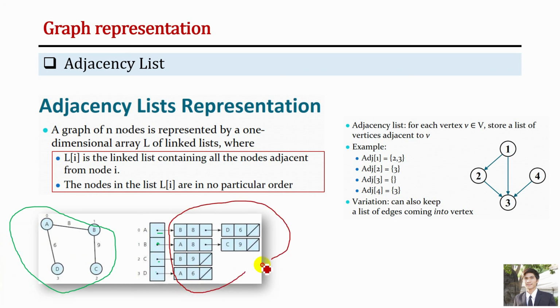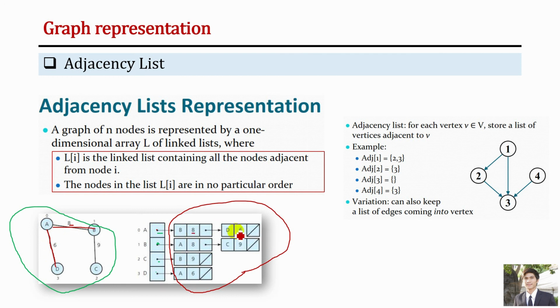So as we can see, A has a connection to B, and A to D, right? So from A, let's say the first element of the array is vertex A, and then the connection to B has some weight, which is 8. So you can put 8 here. It really depends on the data structure that you create.